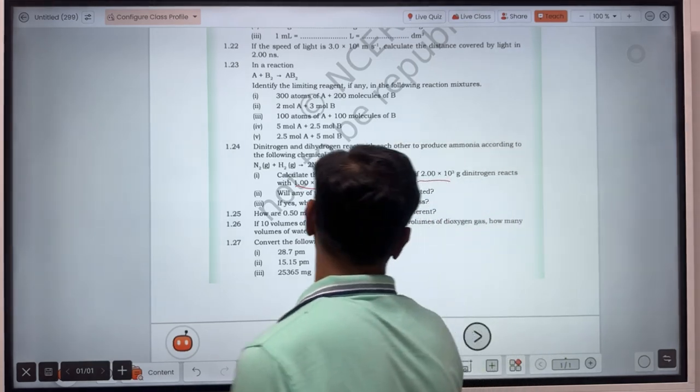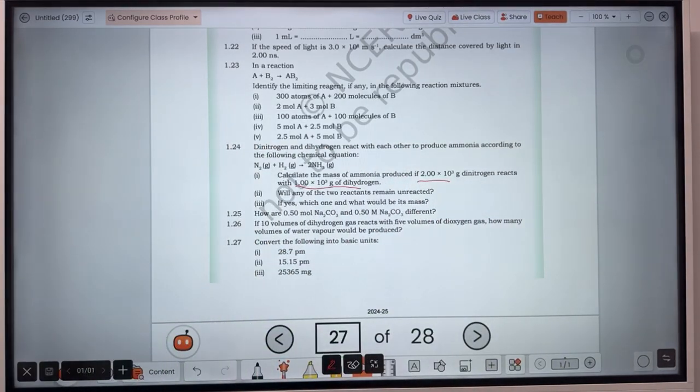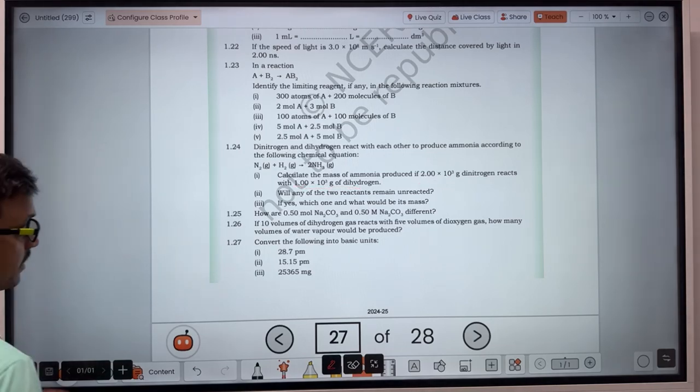Okay, so let's see here. Firstly read the question, then after I will solve.